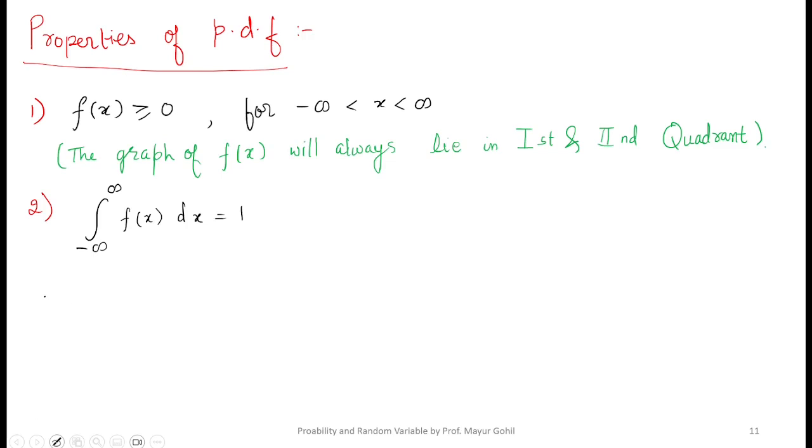And the third property is that the integration from a to b, if you want you can write the capital X over here, it's okay, not a problem, of f(x) dx is going to be represented by the probability a less than capital X less than b.